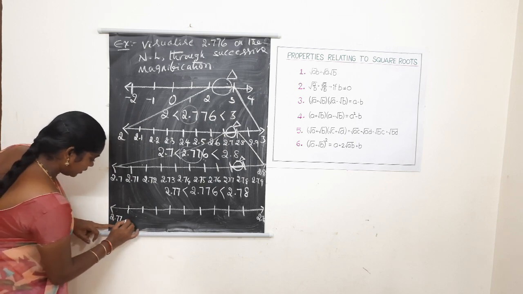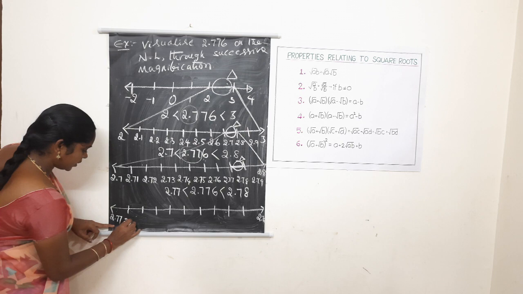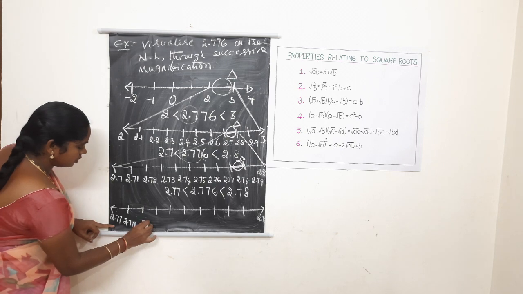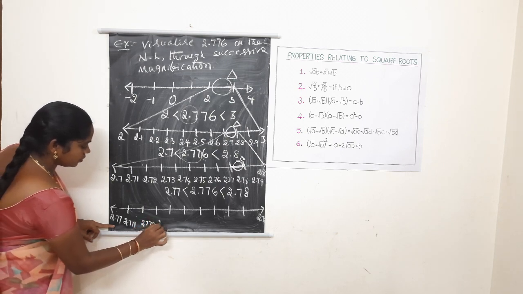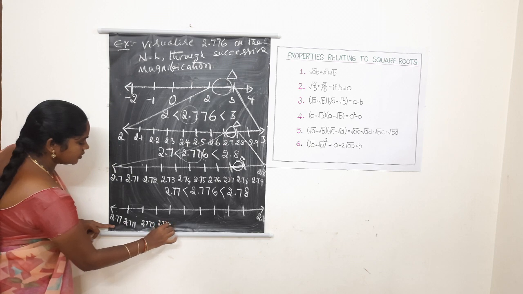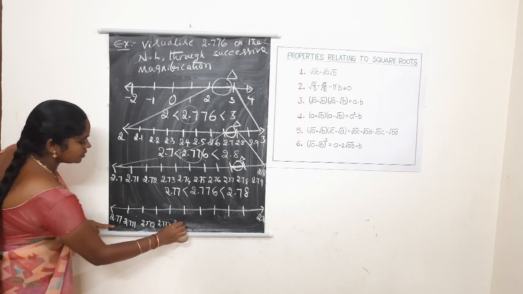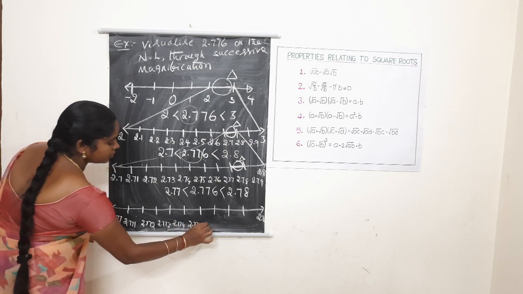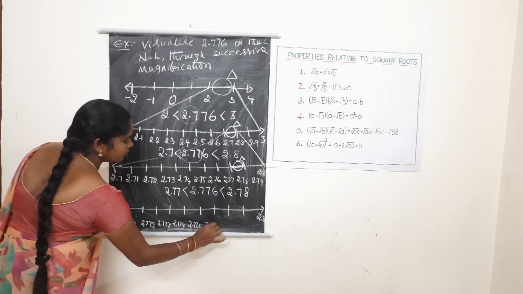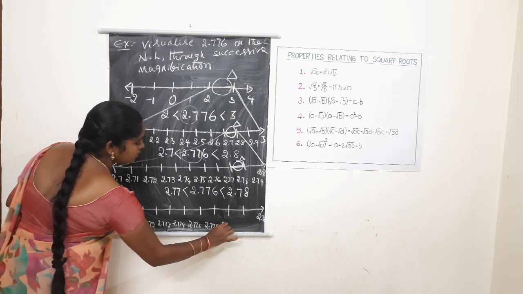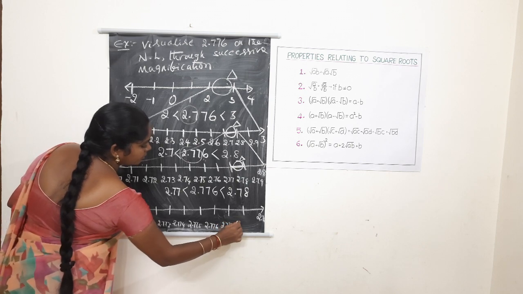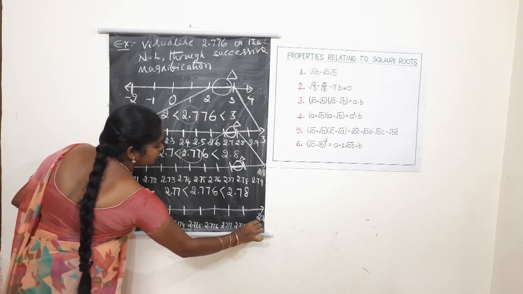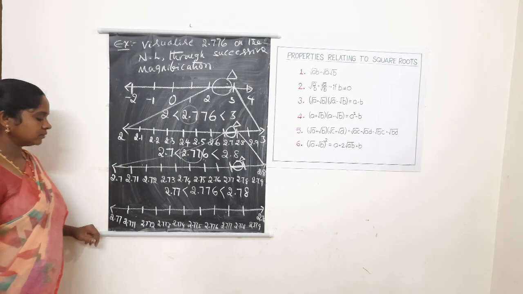So the first point will be 2.771, 2.772, 2.773, 2.774, 2.775, 2.776, 2.777, 2.778, 2.779, 2.78.